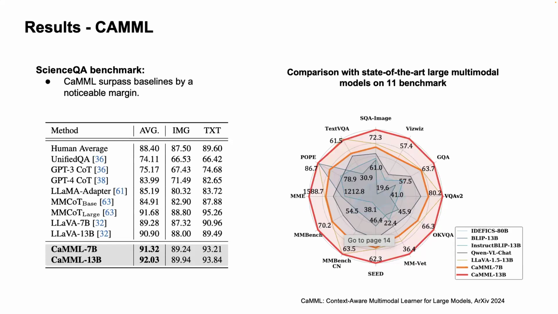The different amount of training data, because I suppose different companies probably have different amounts. Right, yes, that's a very good question. We cannot be sure that we have the same amount of data as them, but our pre-training data is similar to LLaVA's. So we are comparing with similar pre-training data.